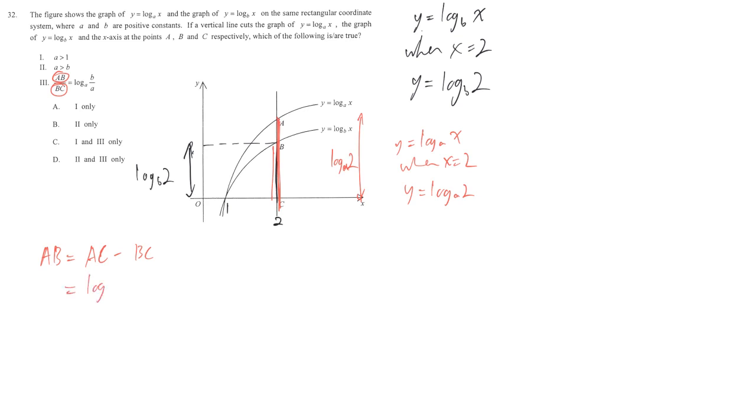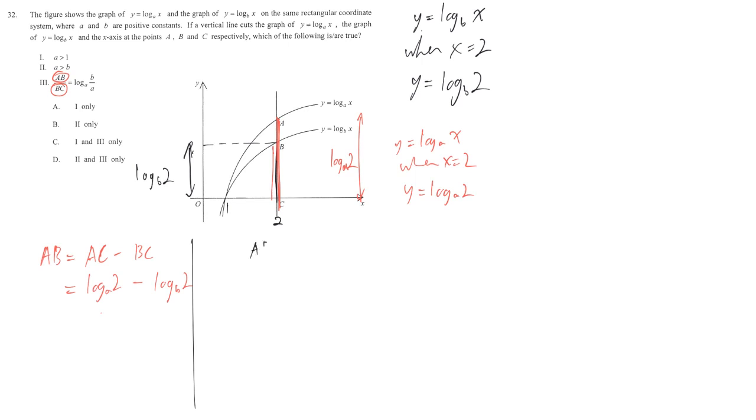This is log base a of 2 minus log base b of 2. So we may just stop here first. And then after that, how about if we consider BC together?